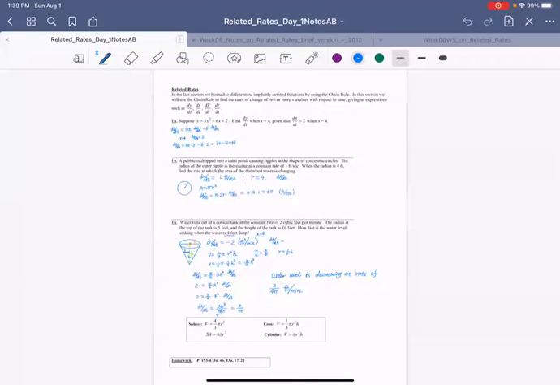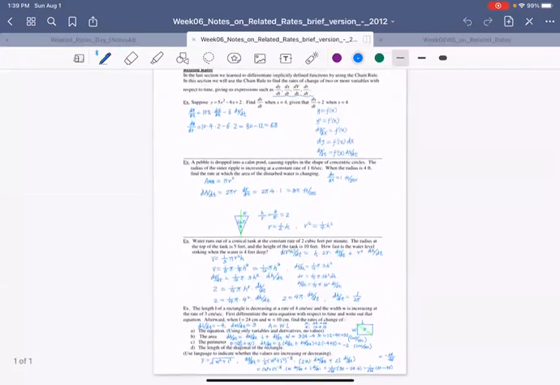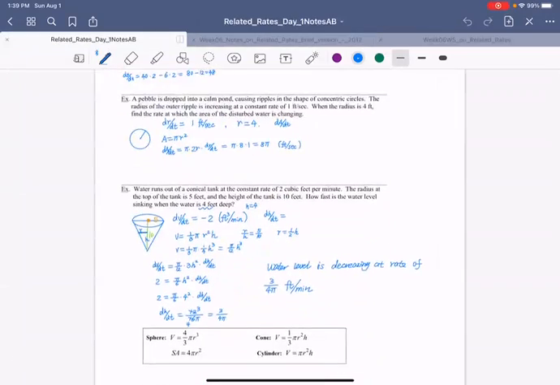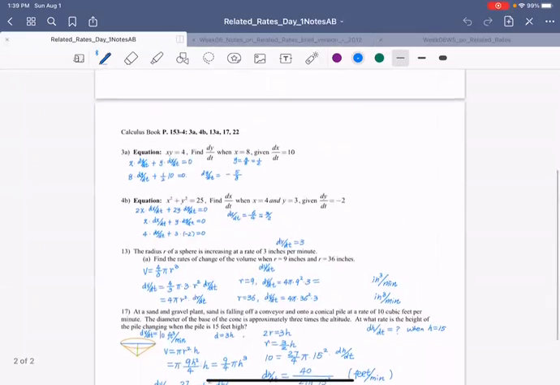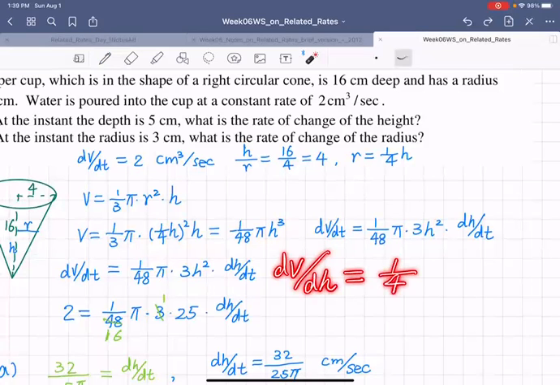Hold on. Let me show you over here. You don't worry about this part, okay? If you just do dV over dh, this will equal 1/48 times pi times 3h squared, correct?